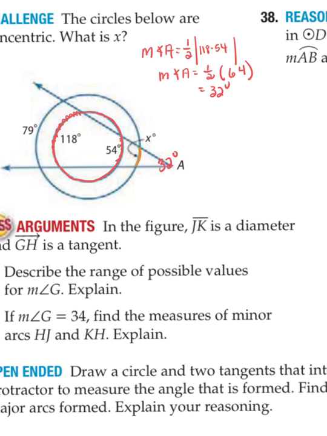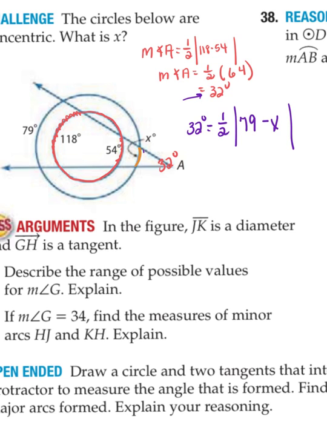Now with that information in mind, it's probably going to be a lot easier for us to focus on the big circle, which is blue, and set up the same thing. That outside angle formed, angle A, we now know is 32 degrees. And if we miss here, we're going to miss the rest of the problem, so be careful with your arithmetic. That 32-degree angle is equal to 1/2 the absolute value of the difference of its two arcs.